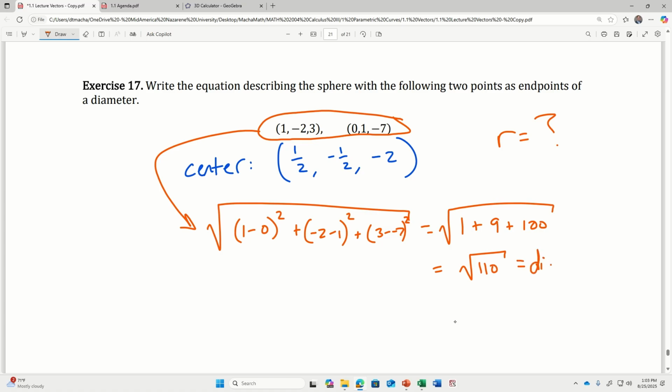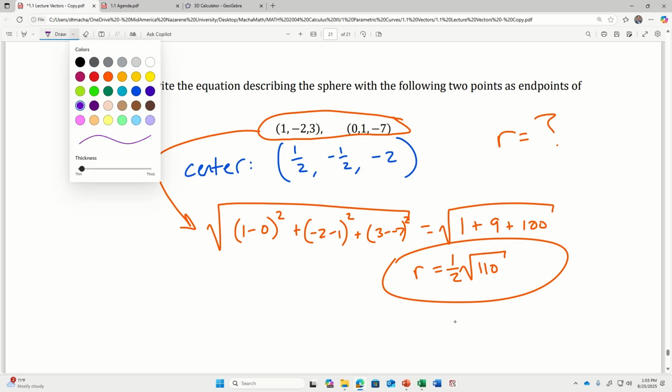That is only the diameter, though. So the radius is half that. The radius is half the diameter. Okay, so now I'm ready to write my equation.